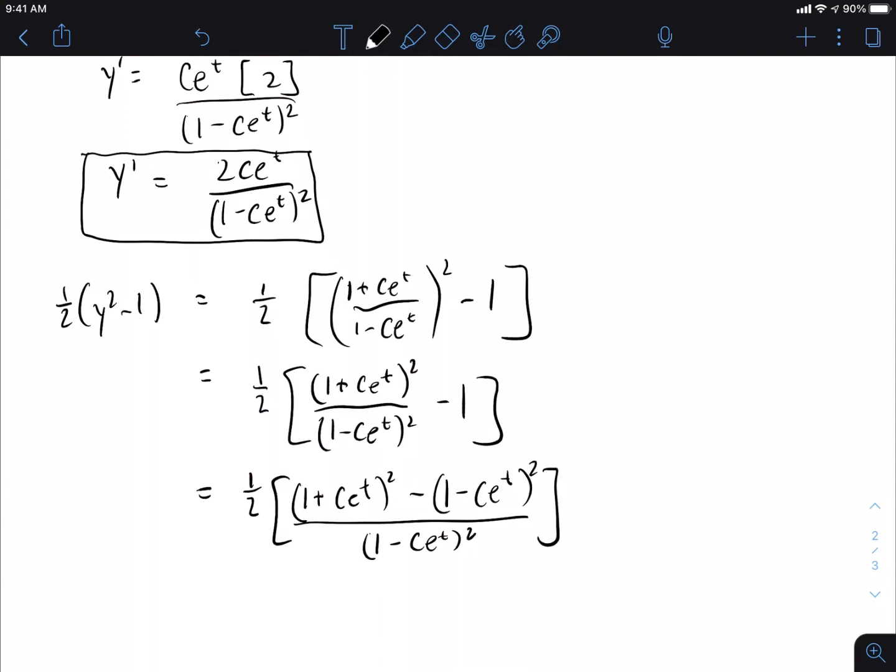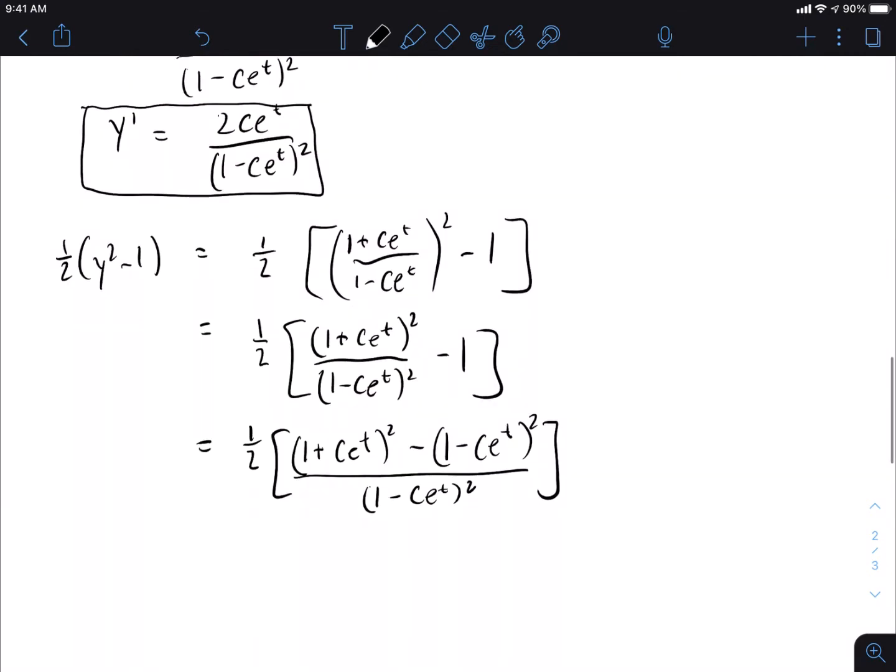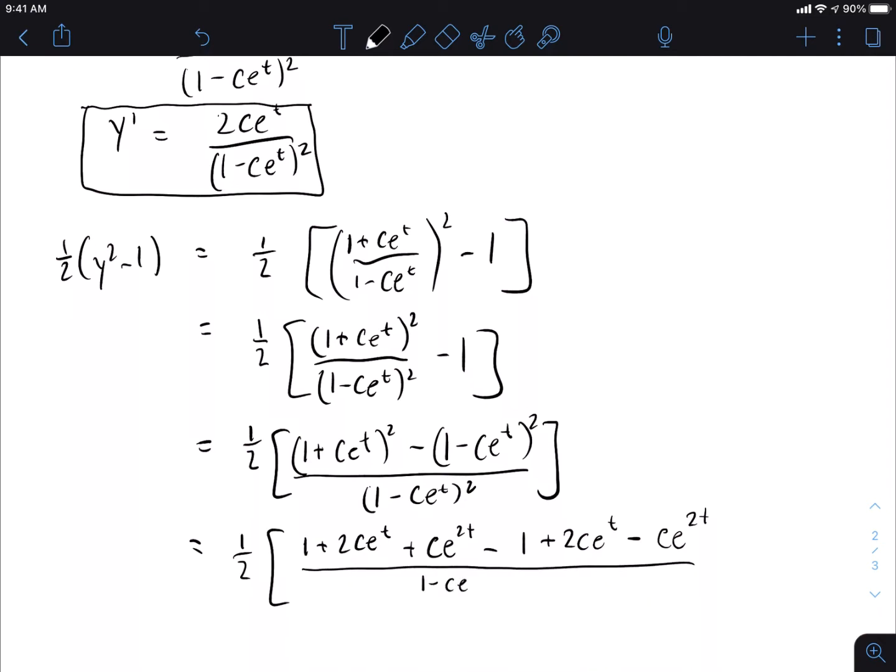Agreed? Yes. Okay. And then expanding, I'm going to get 1/2 times (1 plus 2ce^t plus c^2e^2t minus 1 plus 2ce^t minus c^2e^2t) all over (1 minus ce^t), the whole quantity squared. Yes?